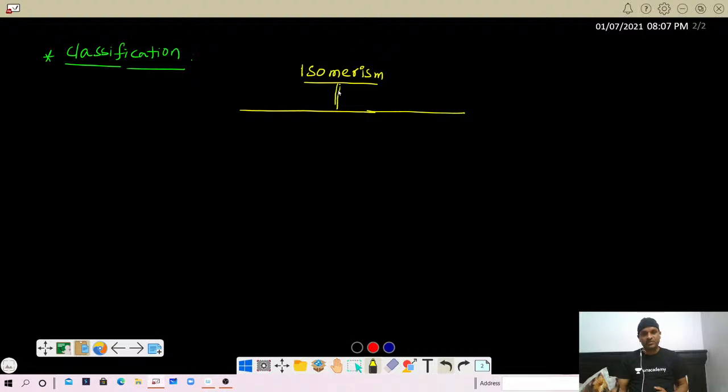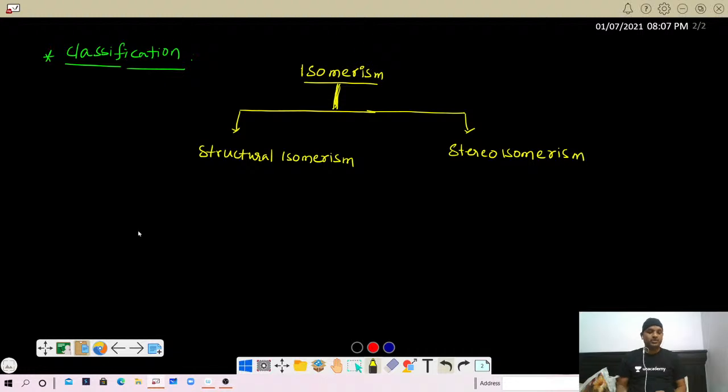Based on whether connectivity is the same or different, isomerism is mainly classified into two types: structural isomerism and stereoisomerism.